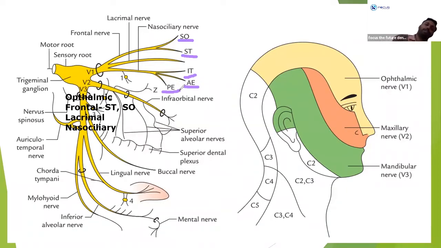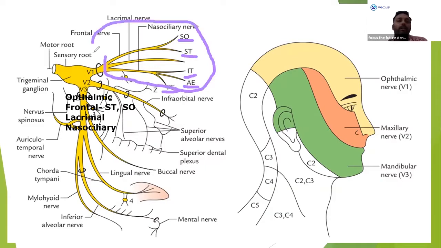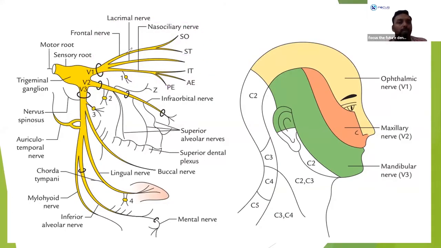Can any of you name this? Anterior ethmoidal. Very good. And posterior ethmoidal. These nerves supply the ethmoidal air sinuses. Okay, clear? So this is regarding all the divisions of your ophthalmic branch. So it goes out through the superior orbital fissure. Now let me mask that for you.